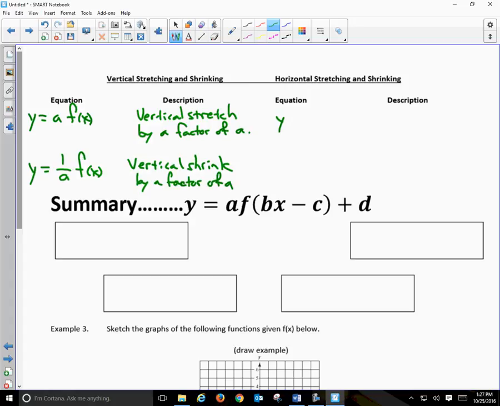Now, instead of being on the outside, if there's something on the inside, then that will affect it horizontally. So suppose you have a number less than 1.